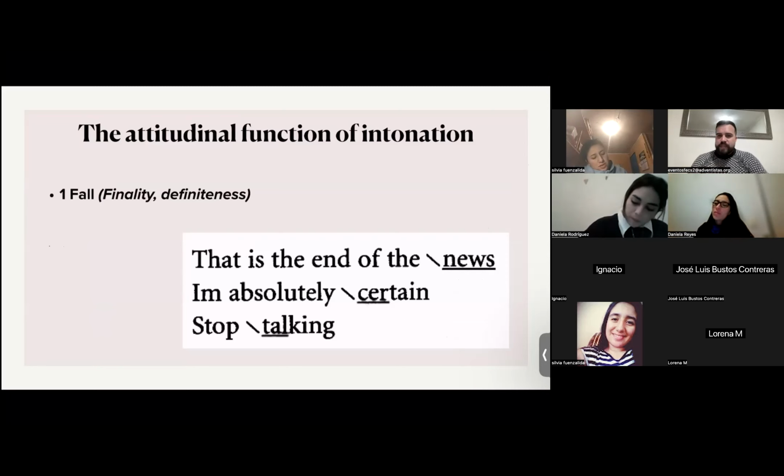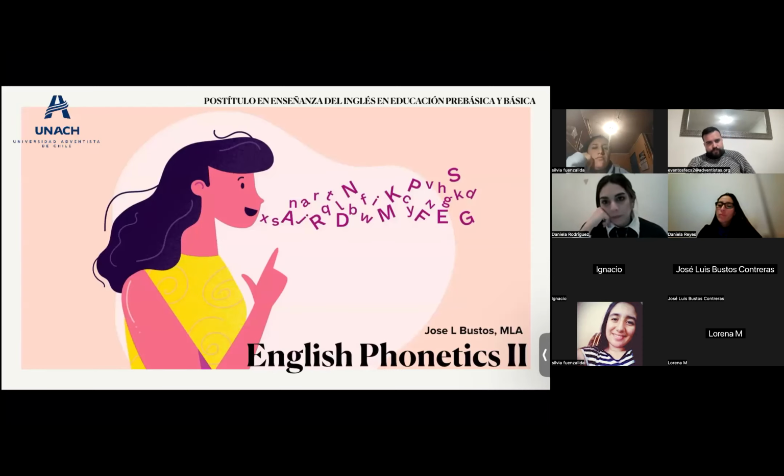And then after the break, you will have to present this, because the idea is that I can identify if you can actually include the function in your speech. Okay, is that clear now, Ignacio? In 15 minutes, a dialogue with all those.